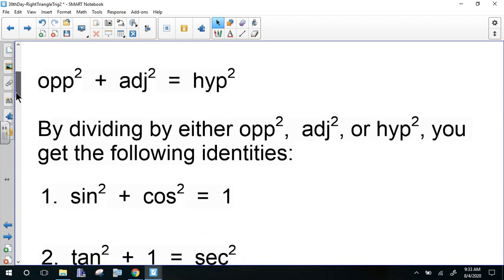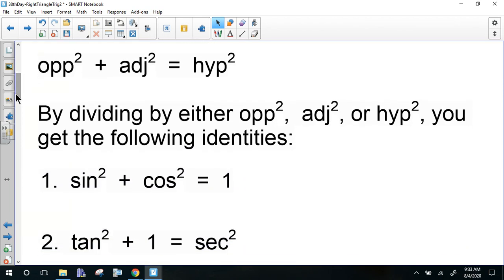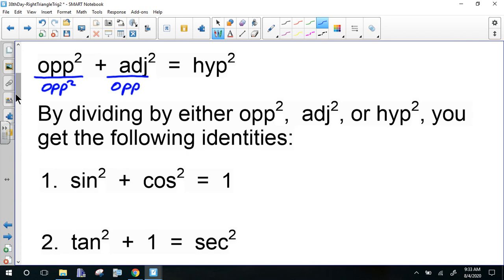And if we divide the Pythagorean theorem either by opposite squared or by adjacent squared or by hypotenuse squared, we get 3 other trig functions. Let me show you how this works with one of them. If I divide by opposite squared on all of these, opposite squared divided by opposite squared is 1.